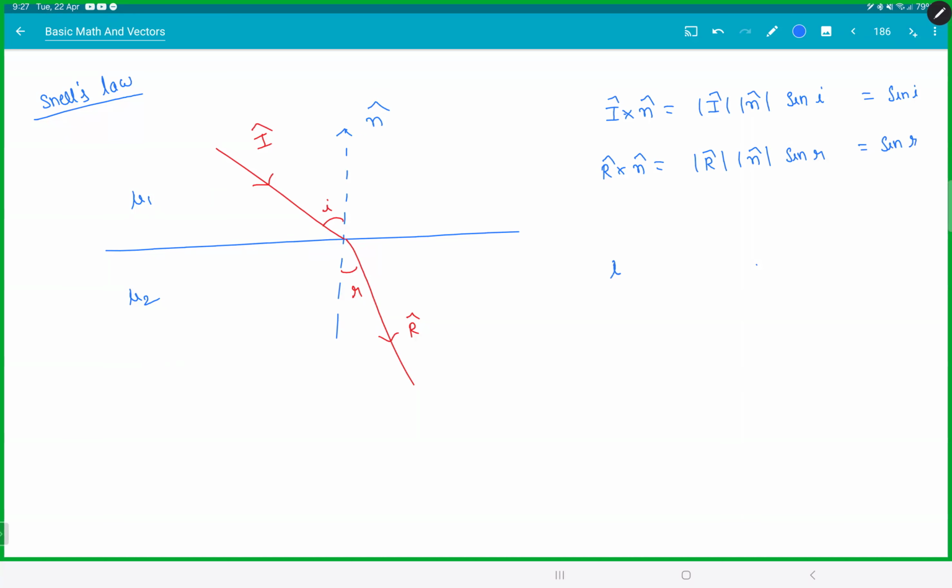So Snell's law is what? Mu1 sin I is mu2 sin R. So if you see the dot product gave you reflection, the vector cross product will give you the refraction. This will be I cross n cap is equal to mu2 R cross n cap. So you can use this in Snell's law and refraction because the cross product will give you the sine.